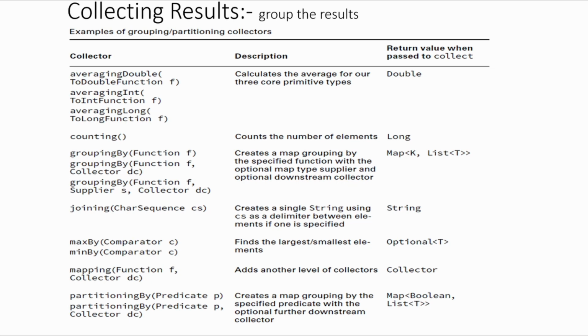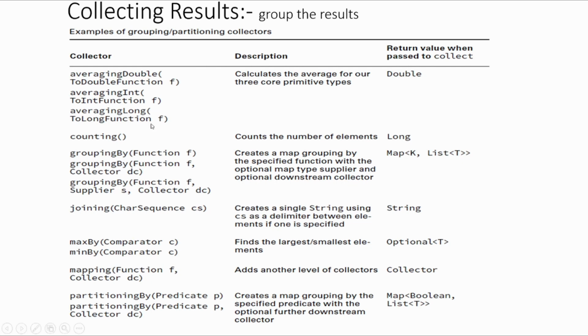One thing you need to remember over here is that these methods are in the Collectors class. Okay, they are in Collectors class, and Collector is an interface. So in Java, if the class name and interface name are the same, then the class name ends up with s, and the interface ends up without s.